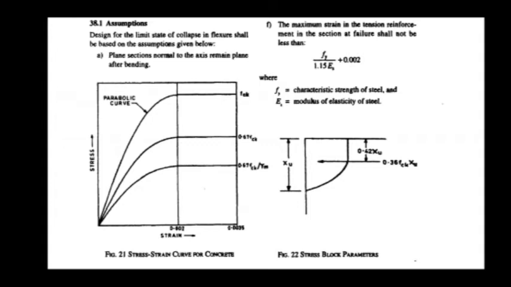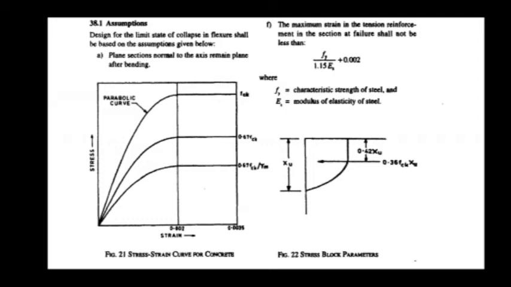It is already multiplied by 0.67, and then apply gamma m. The third curve from the top is 0.67 fck by gamma m. We know the value of gamma m as per the code is 1.5.